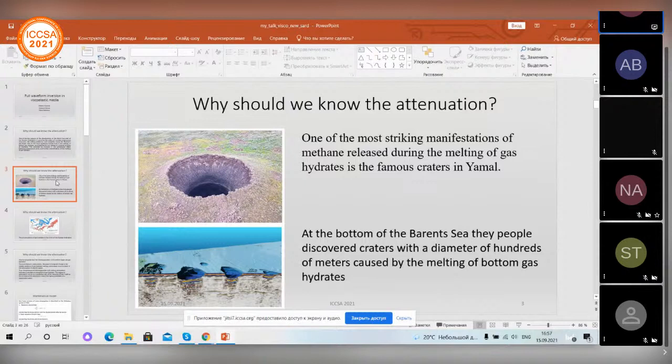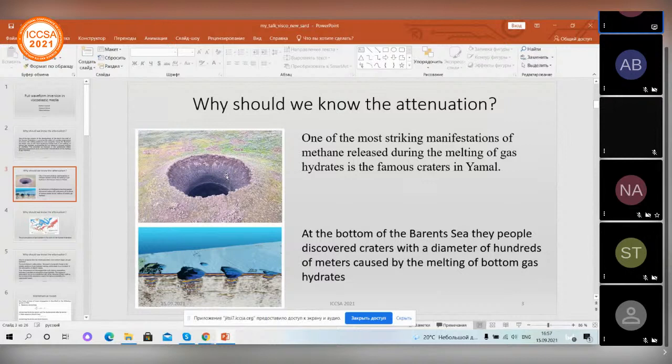That means there will be a very high concentration of methane, which is going to act like a very huge blast, a very huge explosion. For example, there are the well-known craters on the Yamal Peninsula. You can see it here, with a huge diameter of almost 100 meters.